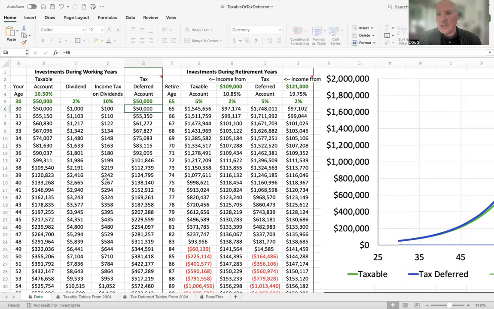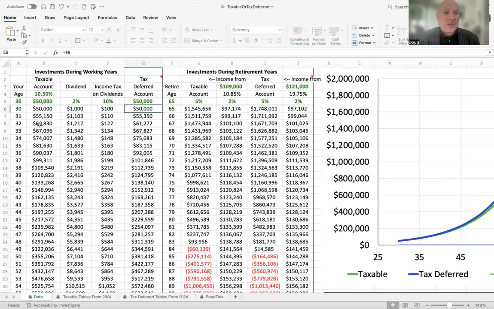And you can get into the taxable spreadsheets, these spreadsheets down here, and figure out what the tax rates would be. But it works out to roughly 10%, which is kind of close enough for making this comparison. So these values in through here are being subtracted from the taxable account, but because this person is having to pay these taxes out of pocket, well, this person over here with their tax deferred account, they're not taxed on these dividends because it's in an IRA or 401k.